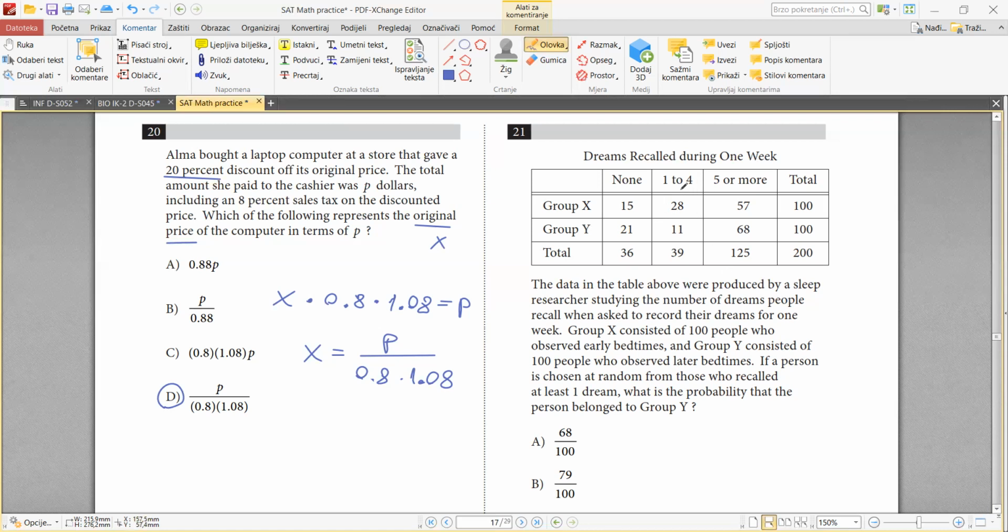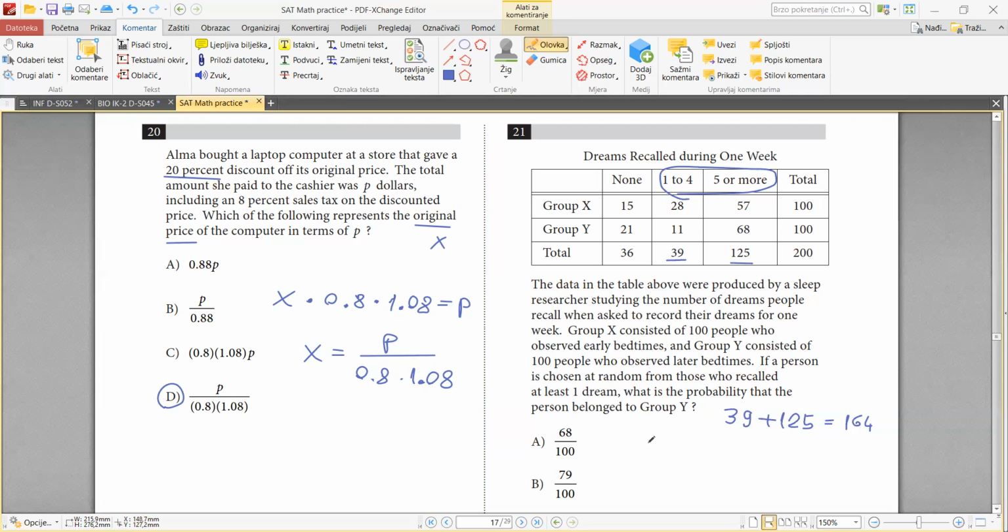So at least one dream would be this region. And we have a total of 35 plus 125, which is 164 people.